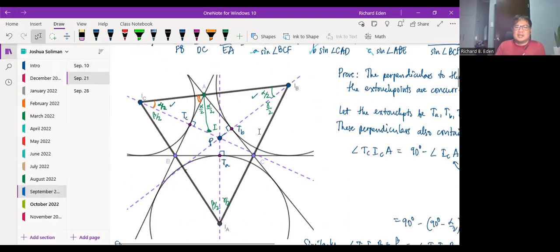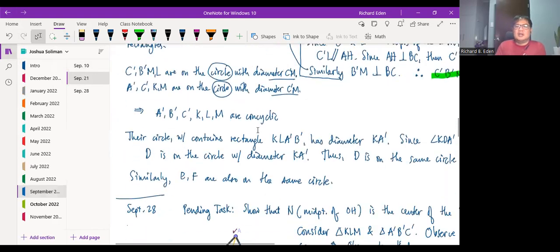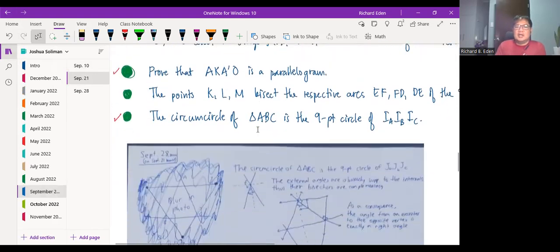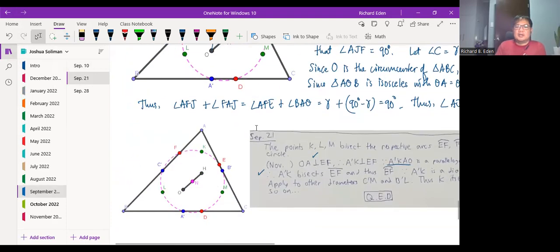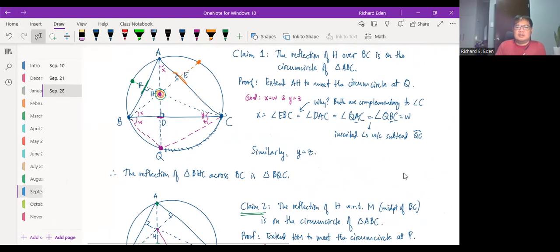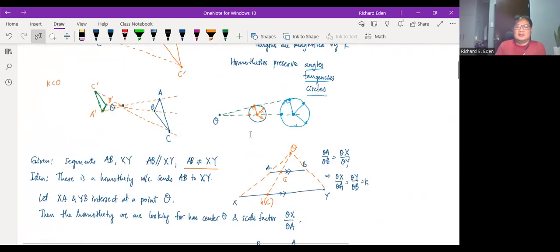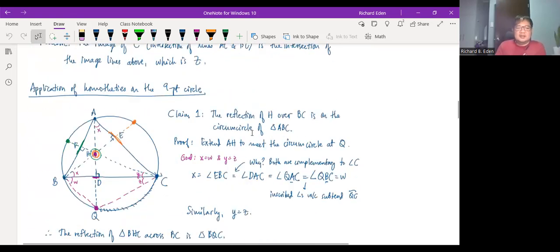It just occurred to me now. Well, 9-point circle. Wait, so September 21. This is the first time we talked about it. So maybe in September 28, that was when I was able to highlight the fact that it's the result of a homothety.